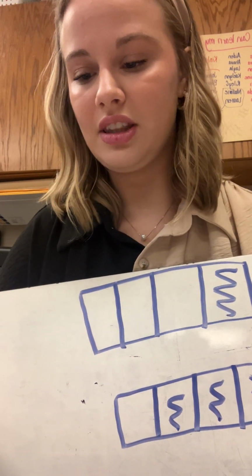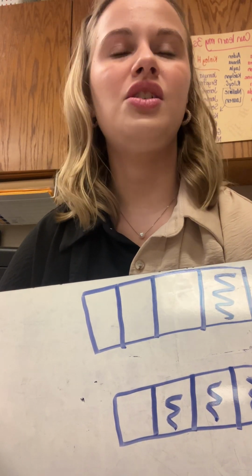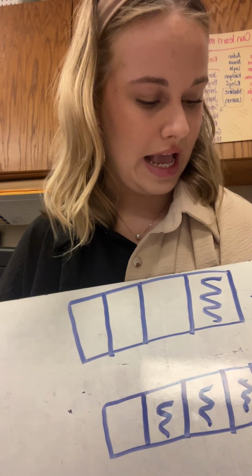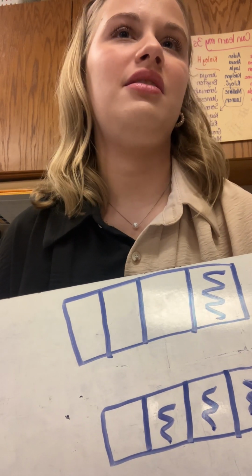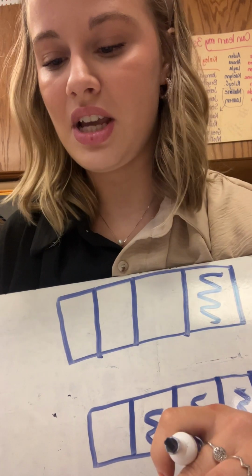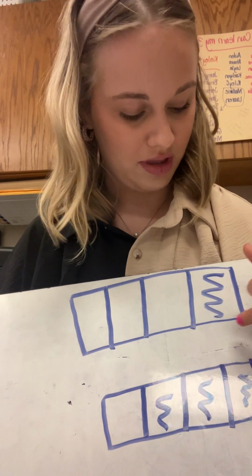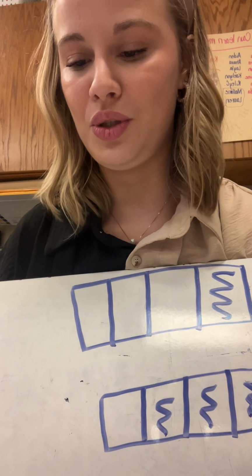So I want you to look at the first rectangle. There are 4 equal parts. So what's the denominator going to be? 4. And I've only shaded one part. So what's the numerator going to be? 1. Okay. So therefore, what would the fraction of this fraction strip be? 1/4. Good.